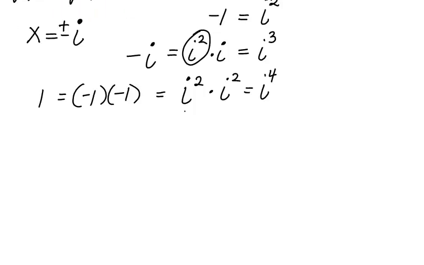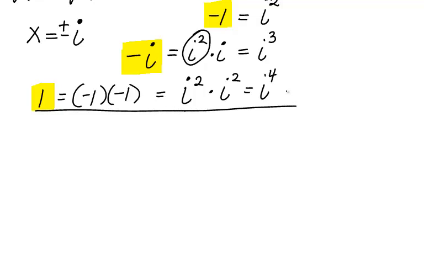So it's going to go i, -1, -i, and then 1, and then it would start all over again. i to the 5th would be i, and then i to the 6th would be -1, and it repeats every 4.